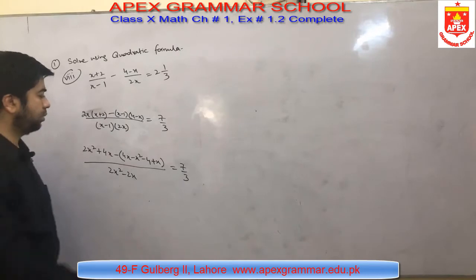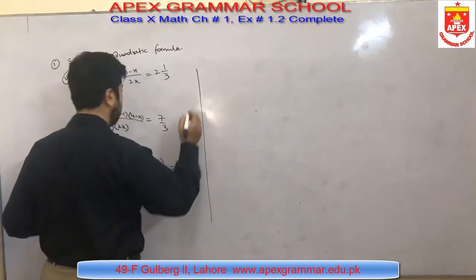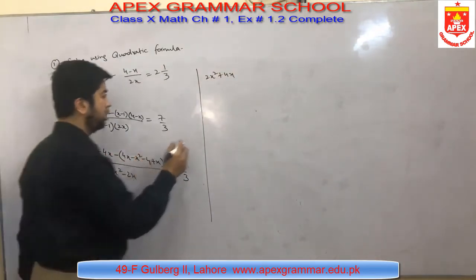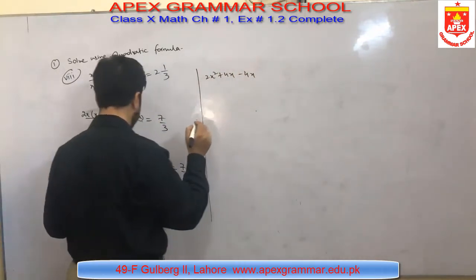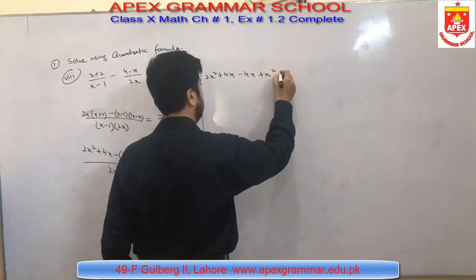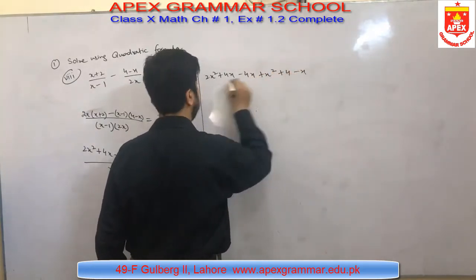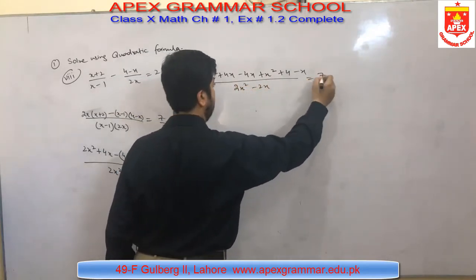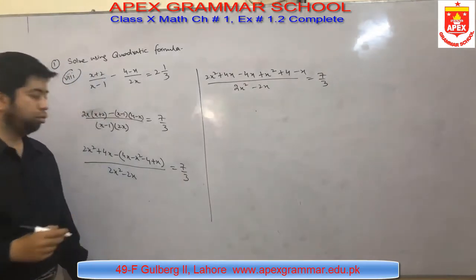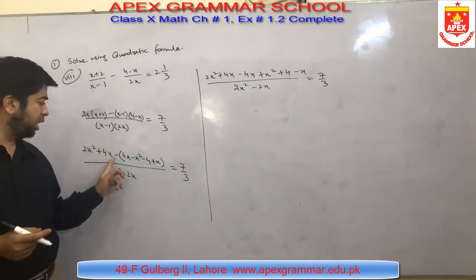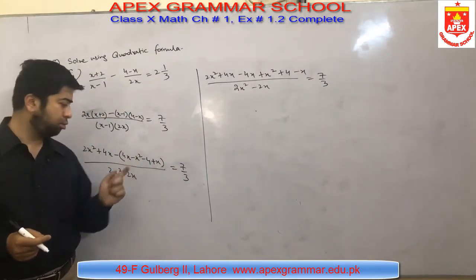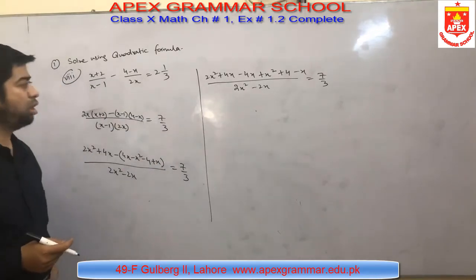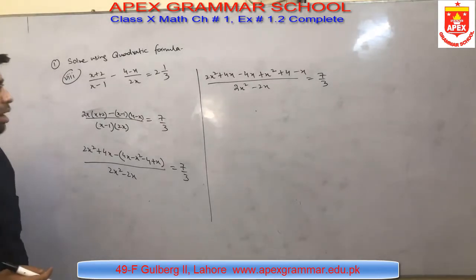Now 2x square plus 4x, just apply this minus sign inside: minus 4x plus x square plus 4 minus x, denominator 2x square minus 2x is equal to 7 divided by 3. You see that I applied this minus sign inside all the values, so all the signs are reversed in the next step.